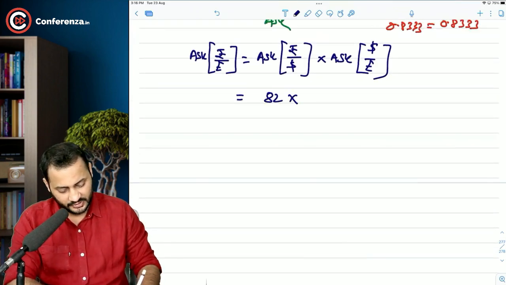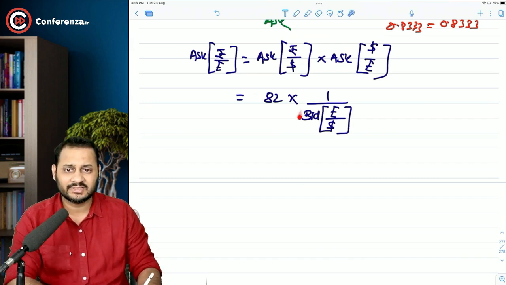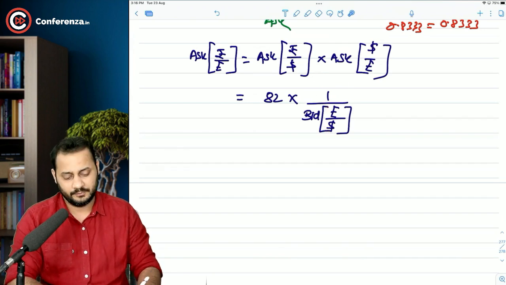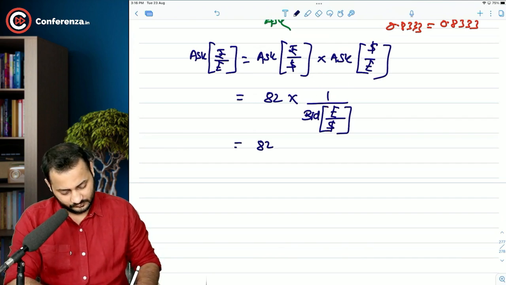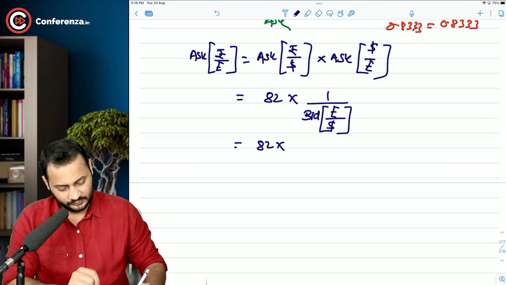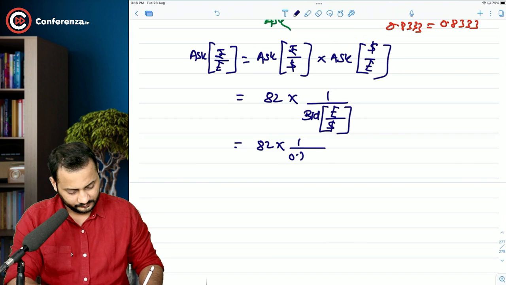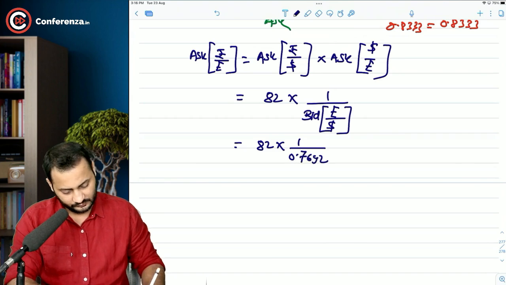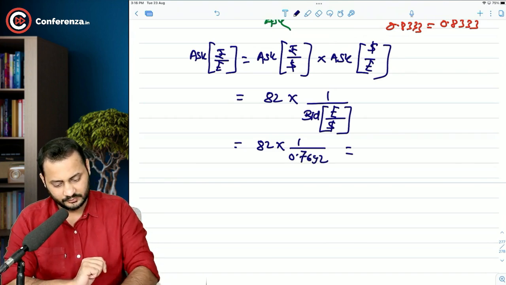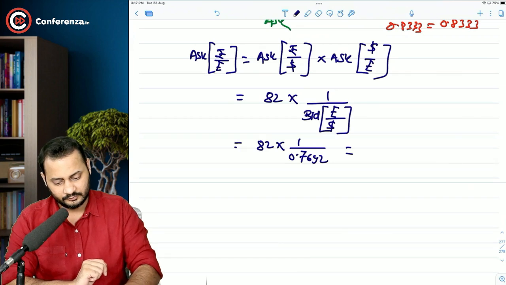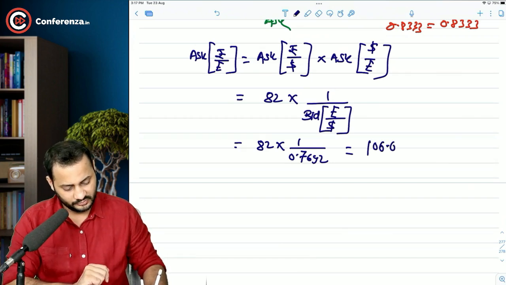So 82 multiplied by 1 divided by ask will become bid of the reverse quote, which is pound per dollar. So remember, I have changed it from ask to bid and dollar per pound to pound per dollar. 82 into 1 divided by 0.7692, which will be 106.60.